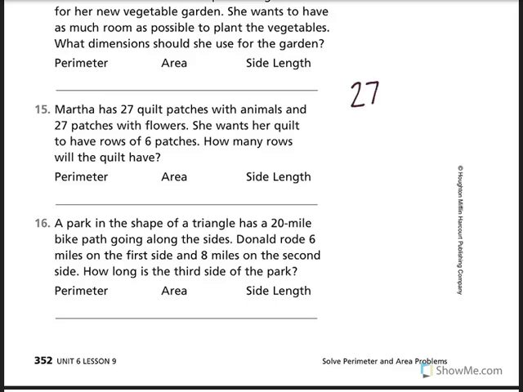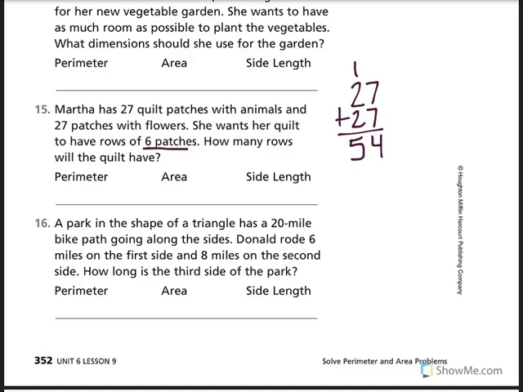So 27 plus 27. 7 plus 7 is 14. And then 1 10 plus 2 10s is 3 10s plus 2 more, 5 10s. So she has 54 square patches, and she wants to make it divided into 6 rows of 6.